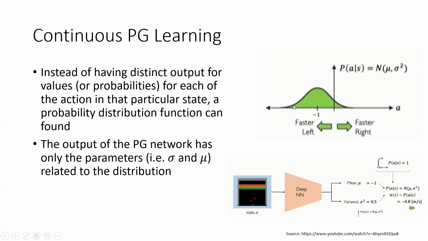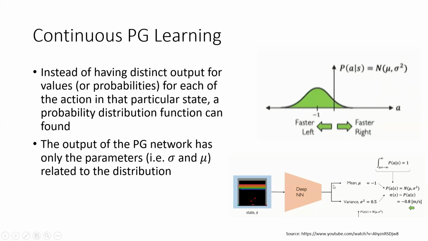So here, what we are trying to predict is not the probability for each of these velocities, but the mean value and the standard deviation or the variance of this distribution, assuming this is a normal distribution.